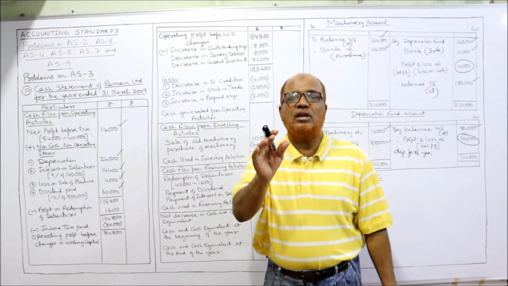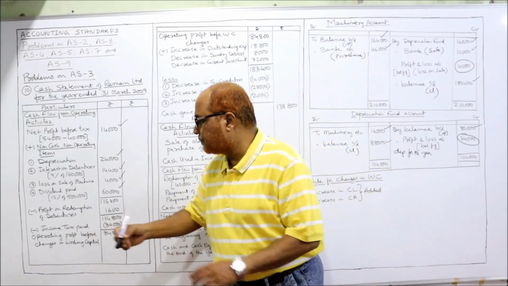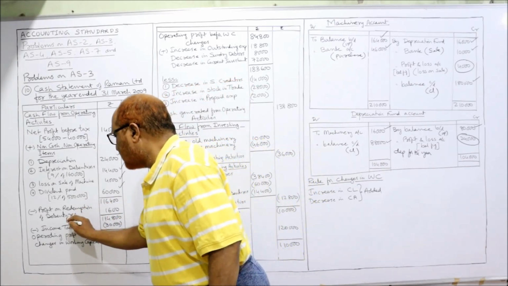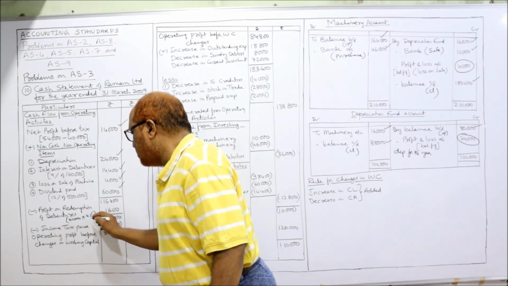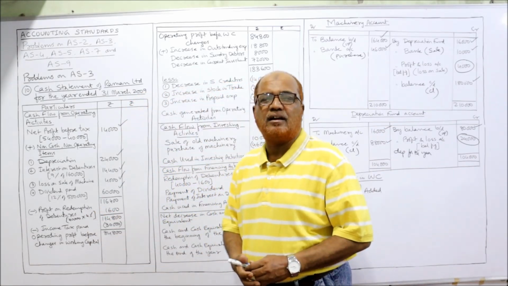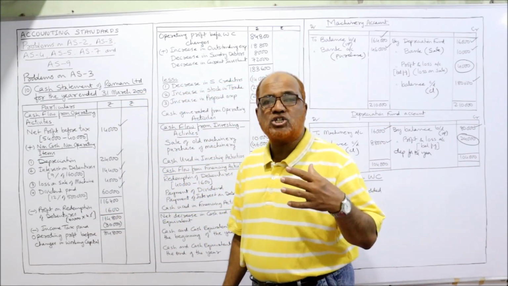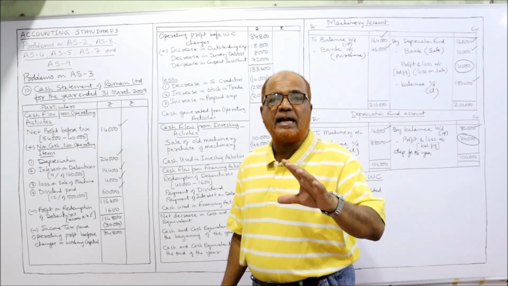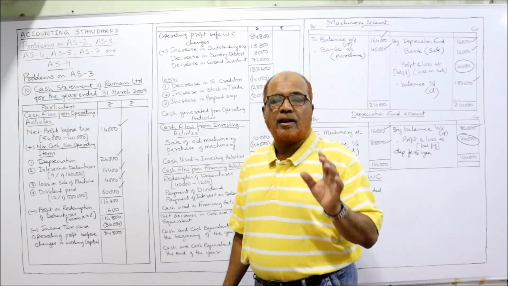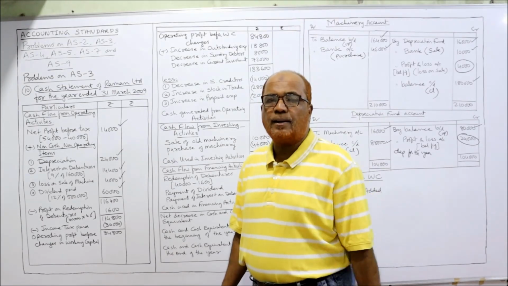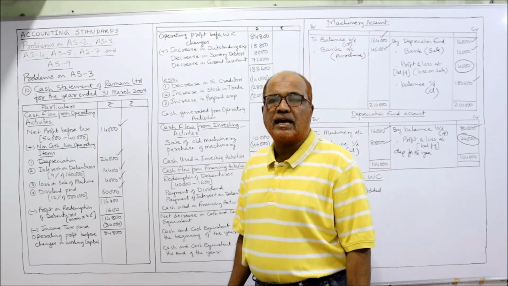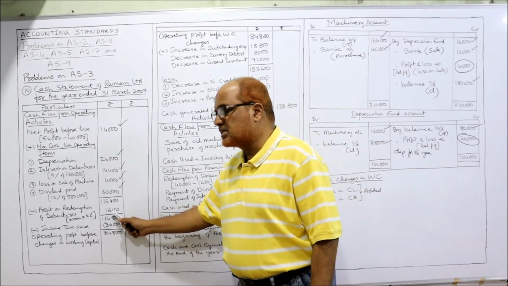So 40,000 into 4% gives you 1,600. That is a non-cash item because it is only an adjustment entry. Redemption of debentures at a discount is a non-cash item. So here 1,600.